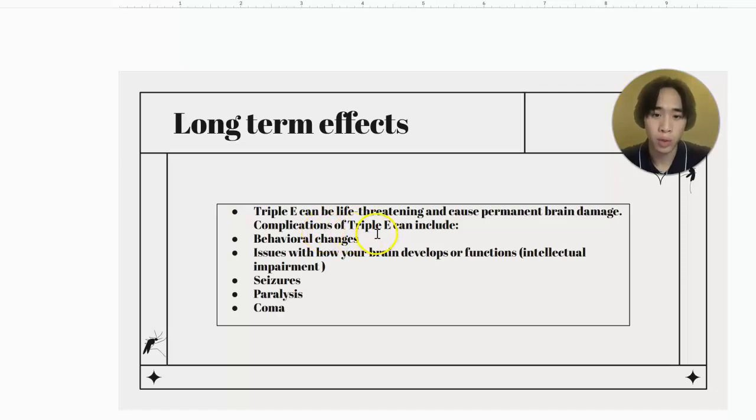So these complications of triple E can include behavioral changes, issues with how your brain develops or functions, intellectual impairment, seizures or paralysis, or you can even be in a coma.